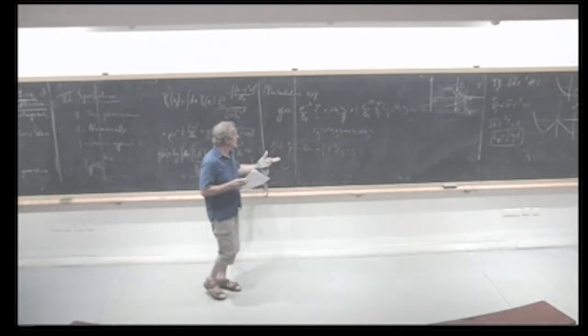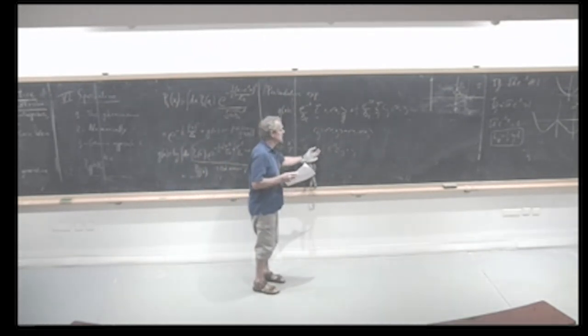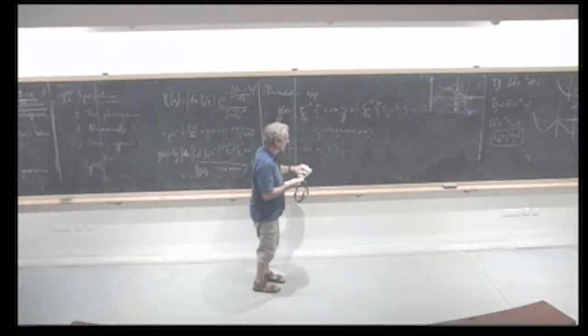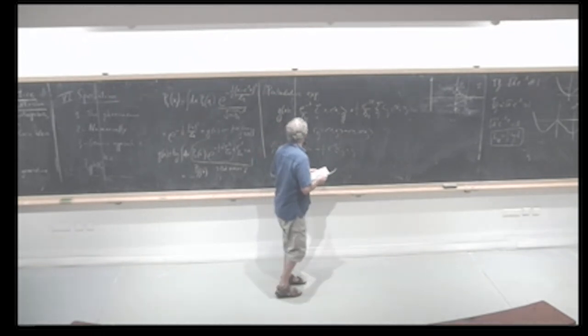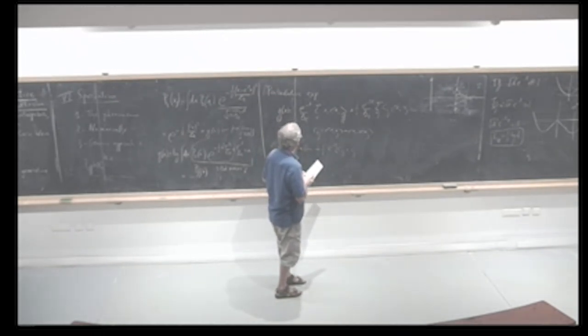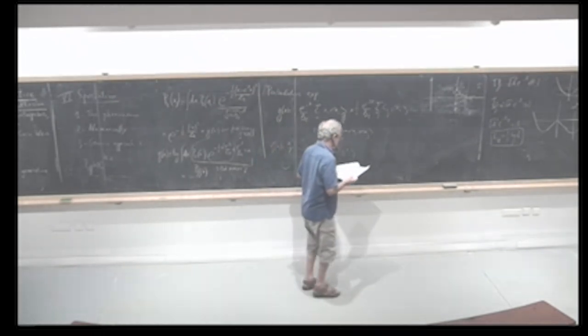So at large time, my potential is basically a quadratic function, governed by a matrix, and the matrix is the identity minus e to the minus 2t times c.